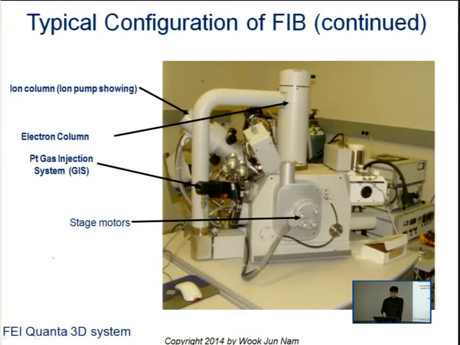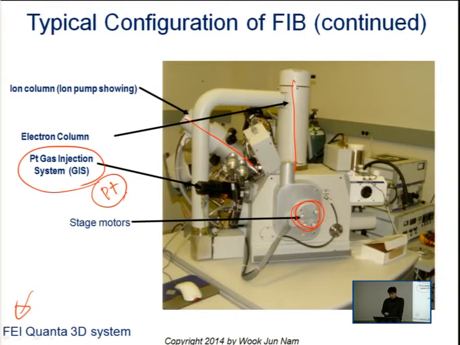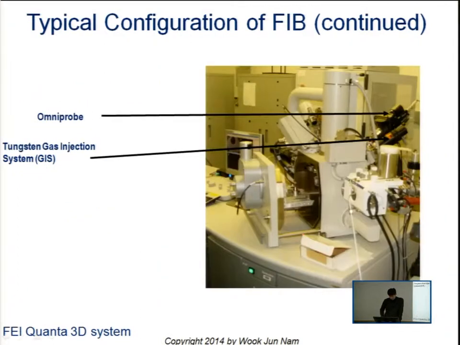This is an actual tool, this model of the focused ion beam. It has a column for electrons and a column for ions, and a platinum gas injection system, with which we can deposit platinum. This is the stage motor, so we can tilt the stages.